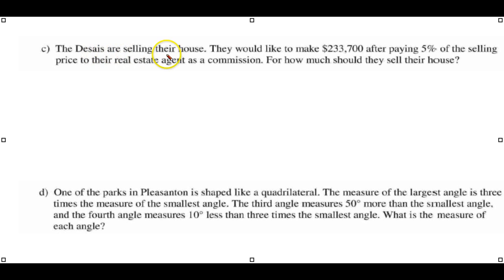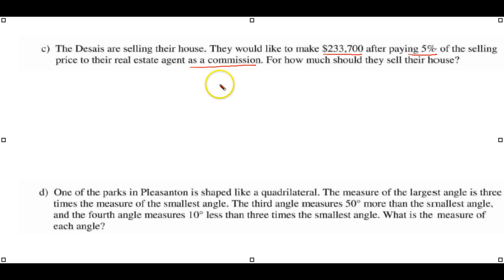Now, here they're selling their house. They would like to make this much after paying a 5% selling price, 5% of the selling price as a commission. So how much should they sell their house for?